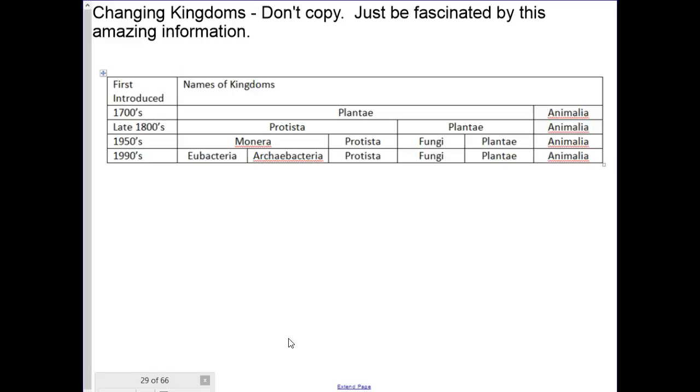So right now, we have 6 kingdoms. By the time I teach your children in grade 12 biology, we might be at an 8 or 9 kingdom structure. This is one of the things that makes biology a very fascinating subject to study, but also a very frustrating subject to study.